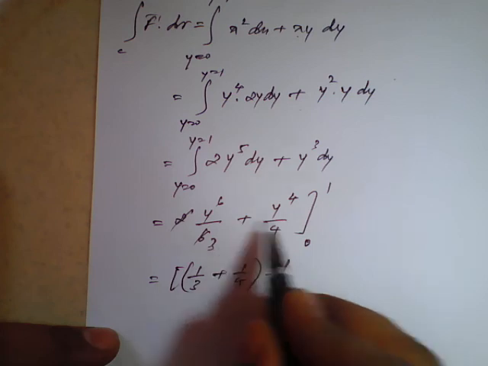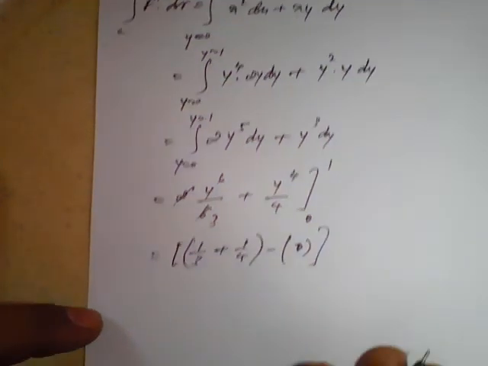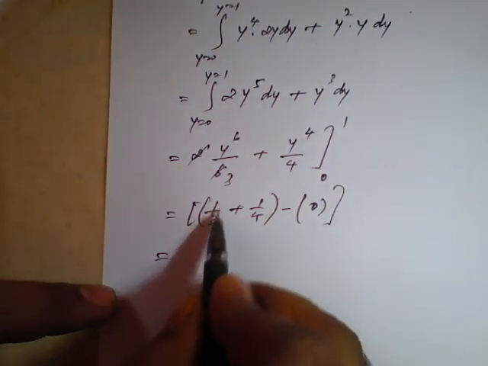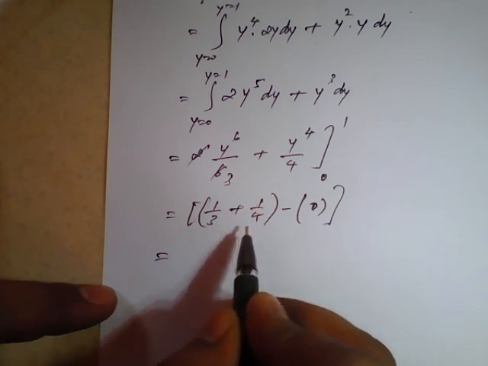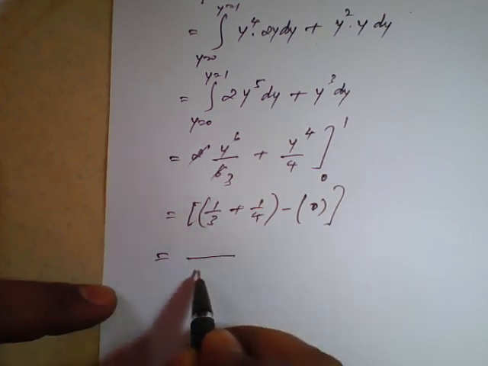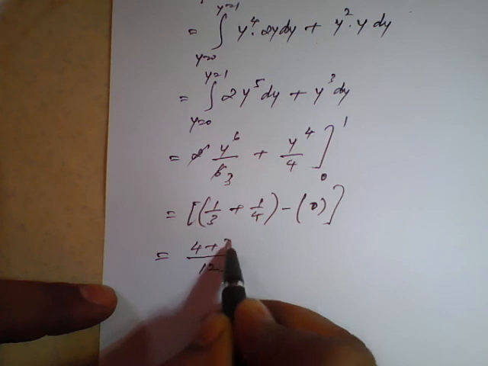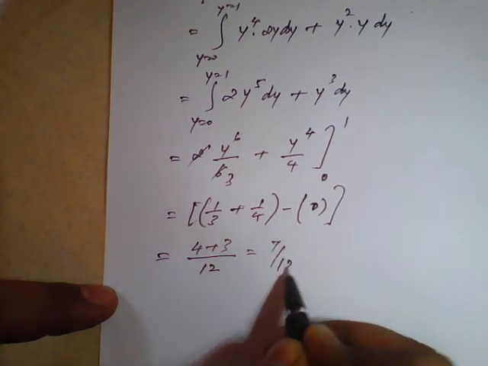So on final simplification 1 by 3 plus 1 by 4; taking the LCM, which is 12, 4 plus 3 is 7 upon 12.